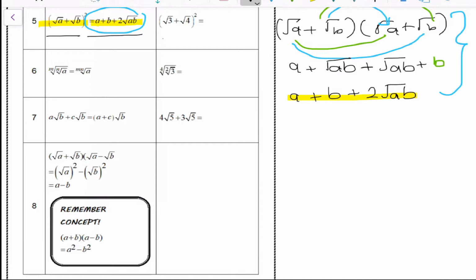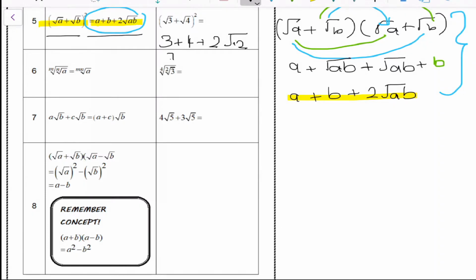So it shows that you will get A plus B. So you should get 3 plus 4 plus 2 surd A times B. A times B, 3 times 4 is equal to 12. So 3 plus 4 is equal to 7.